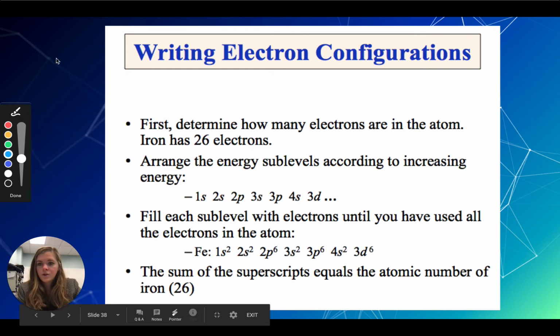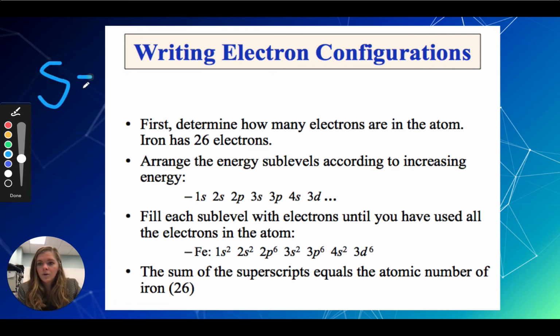I'll write them here. The s orbital can hold up to 2 electrons. The p orbital can hold up to 6 electrons. For now, that's all I want you to know.